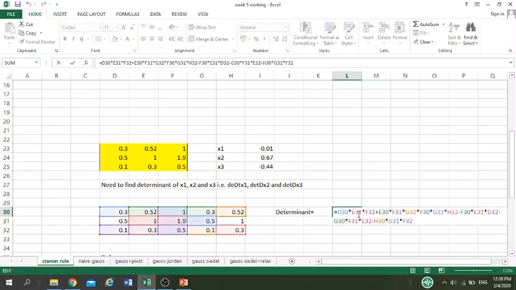Let me check. We have to put a bracket here.